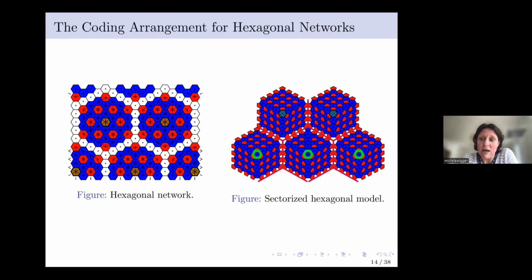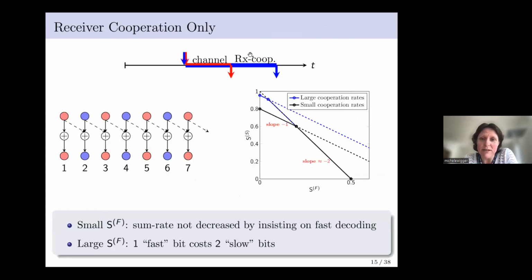If you have only receiver cooperation, so this schematic view, then the data arrives, you transmit over the channels, and only afterwards can the receivers cooperate before decoding their slow messages. In this case, you see the picture changes radically. So we are much closer to the time sharing line than to this optimal line with the point over here.